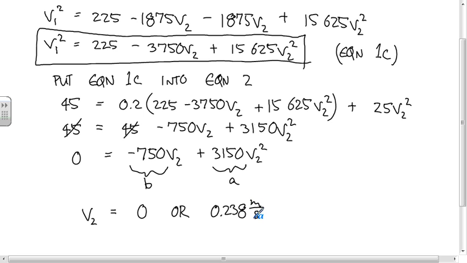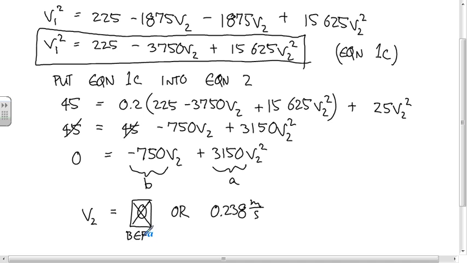Now, this is something you're always going to see when you do the quadratic formula: you always get two roots. So what do the two roots mean? One of those roots is always going to be the speed of the object before the collision, and one's going to be the answer you're looking for. In our case, I said speed, it's really velocity, but this was the velocity before the collision.